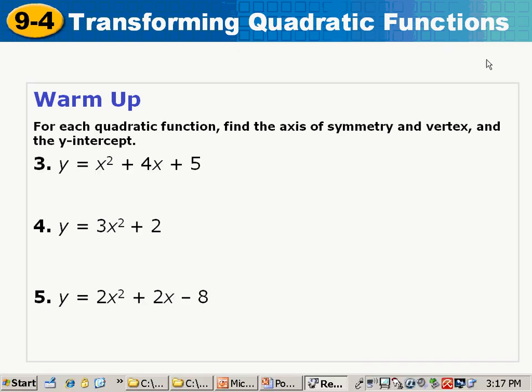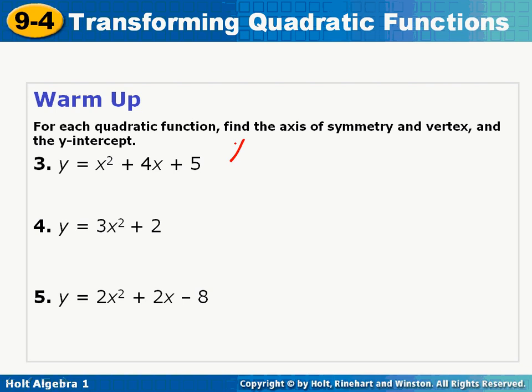All right, the next thing we have to do is a little bit more difficult questions. Find the axis of symmetry, the vertex, and the y-intercept. The axis of symmetry is x equals negative b over 2a. 4 is b, so negative b would be negative 4 divided by 2 times 1, which is negative 4 over 2, or negative 2.